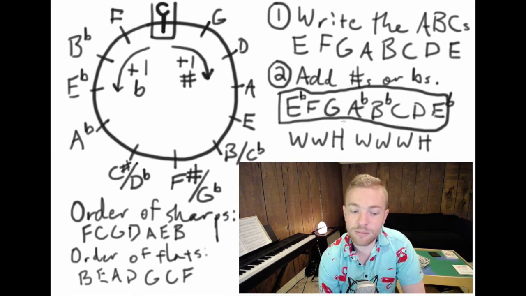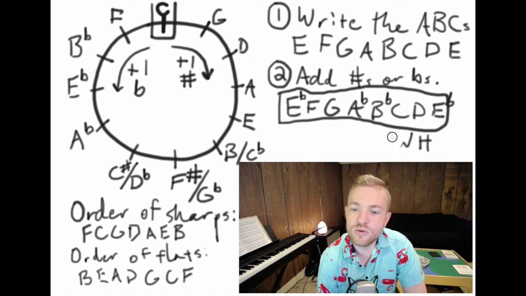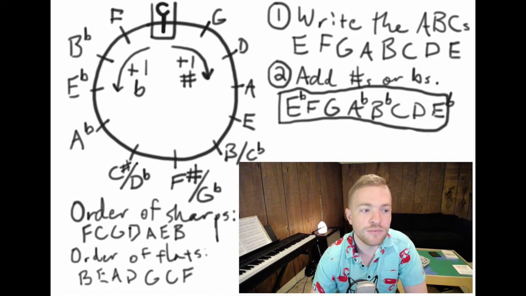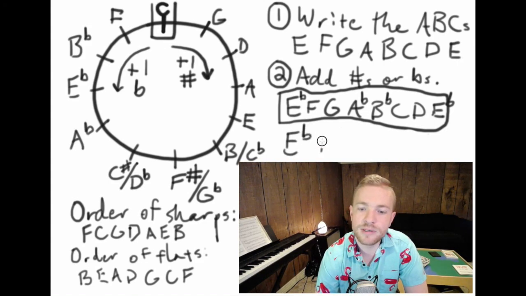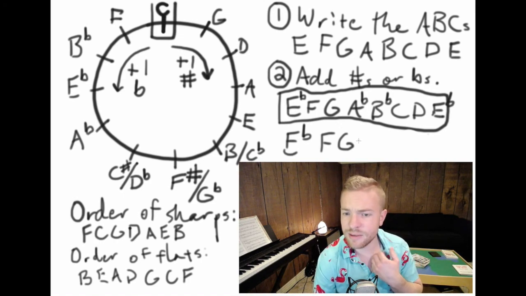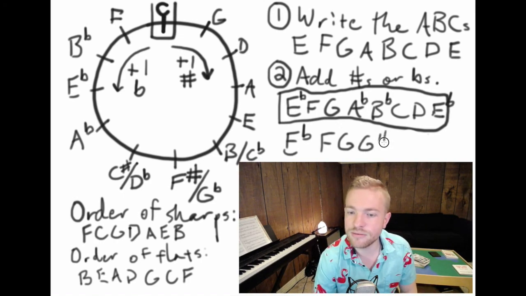An example of how someone might spell this scale incorrectly would be if they were to use the whole, whole, half, whole, whole, whole, half method, starting at E flat. And so maybe they went, all right, E flat, whole step up is to F, another whole step up to G. But then here they said, all right, it's a half step, so a half step above G is G sharp, right?